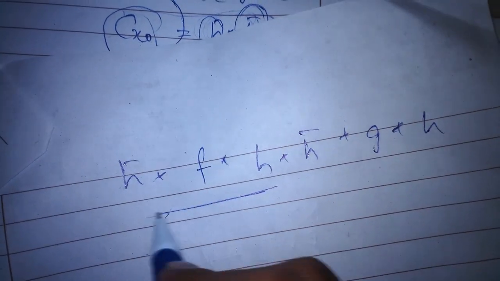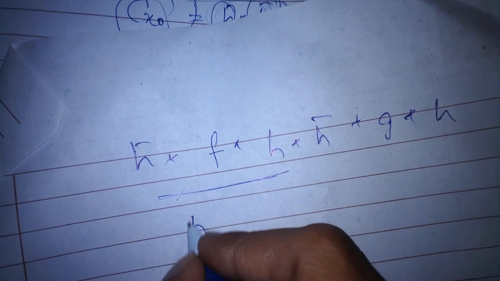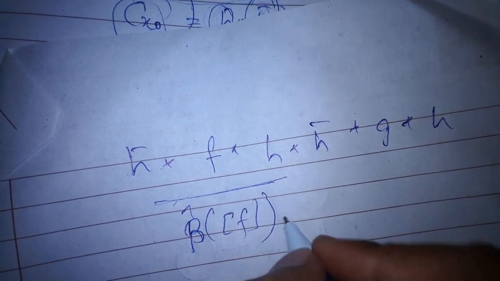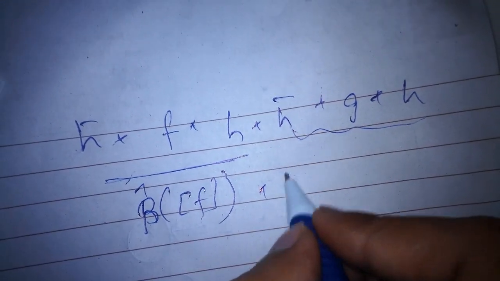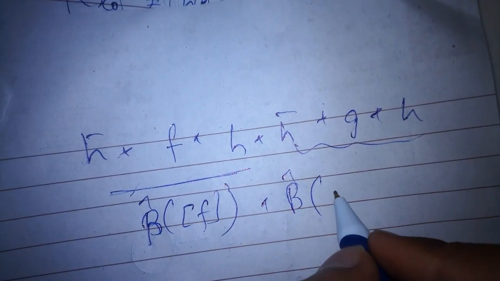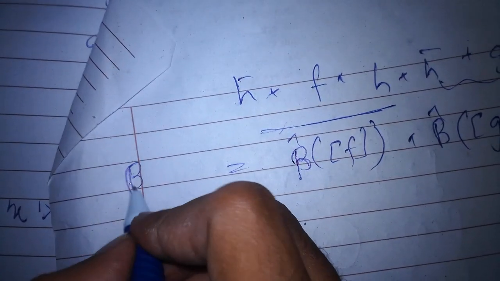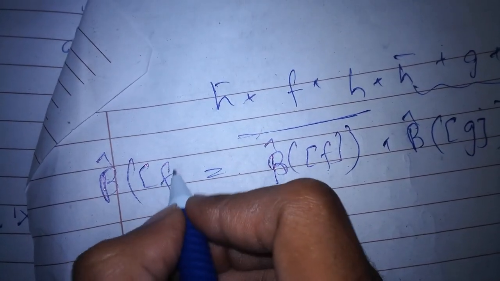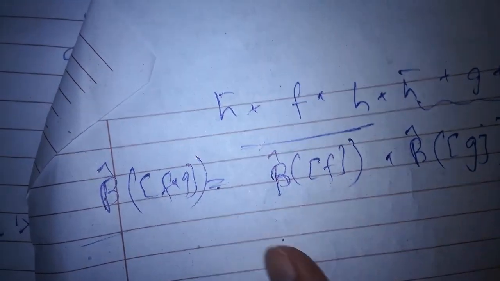So we can see this is beta cap of f, and here this is beta cap of g. So this is the homomorphism of the fundamental group. So this is proved homomorphism.